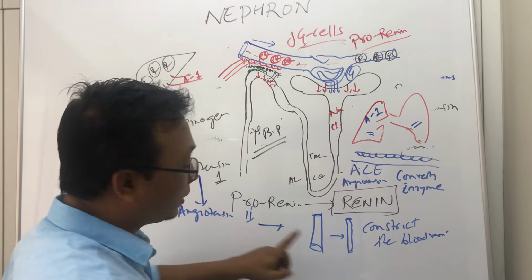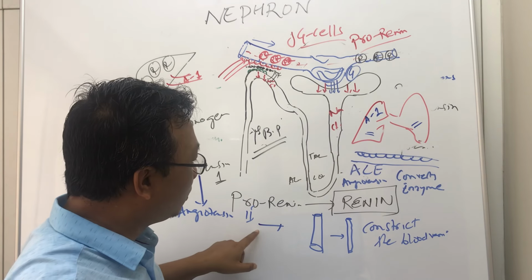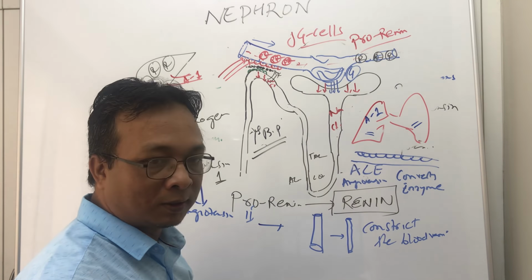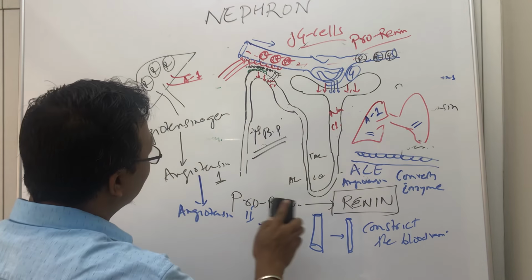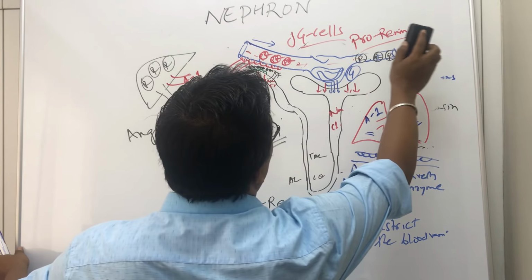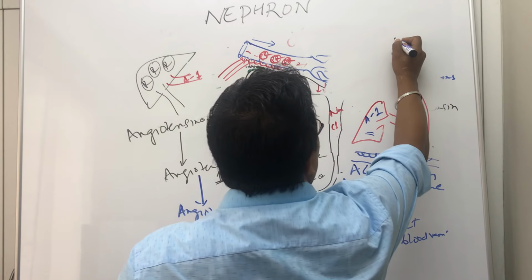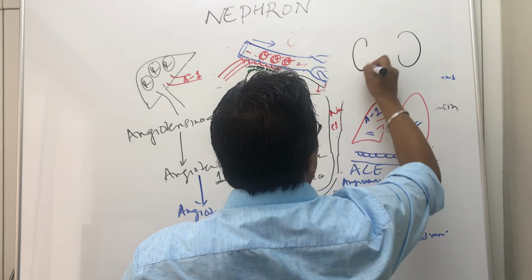That is one thing, but it's still not done. Angiotensin 2 can constrict the blood vessels. Another thing that can happen, let me draw here. In our kidneys, both the kidneys, what is there on the top?